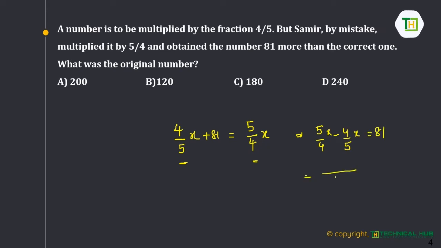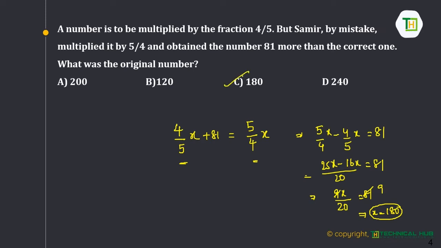If I take the LCM as 20, it should be 25x minus 16x is equal to 81, so 9x by 20 is equal to 81. So x must be equal to 20 into 9, 180. The value of x is 180.